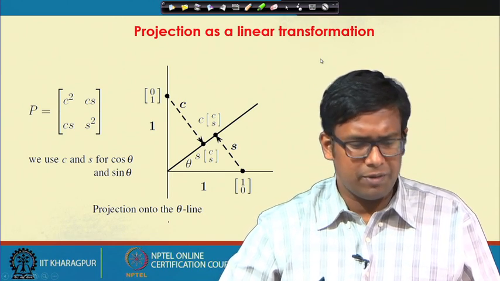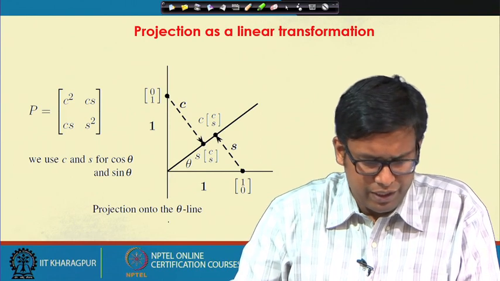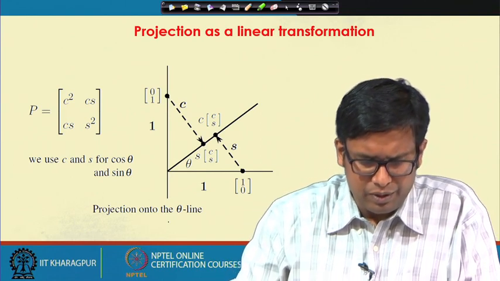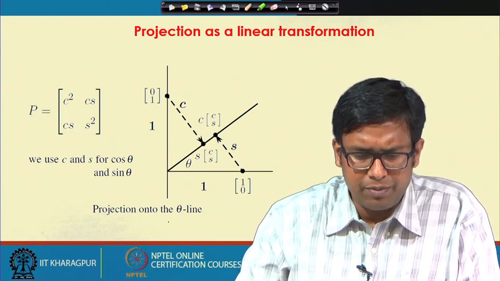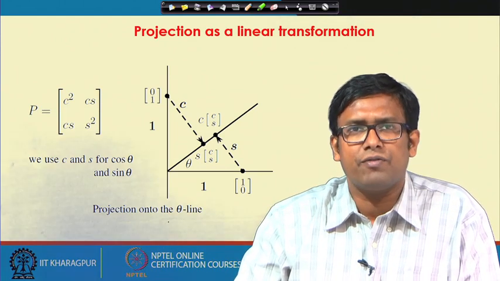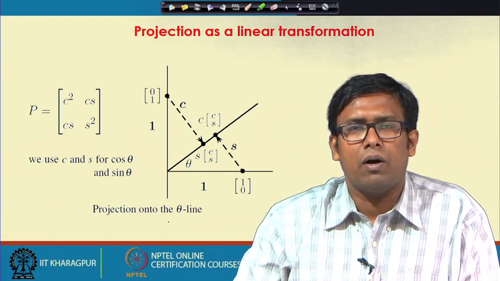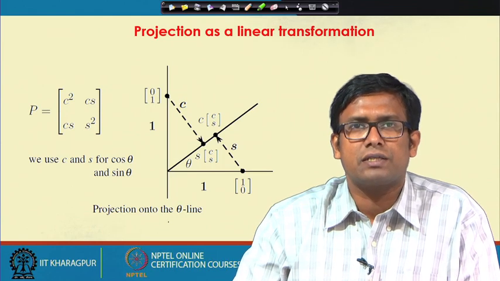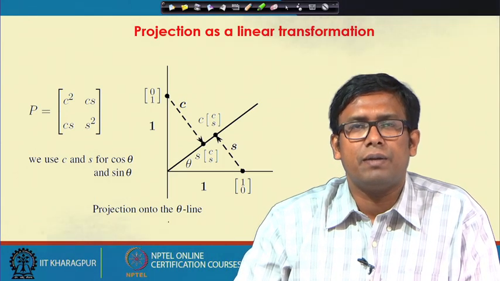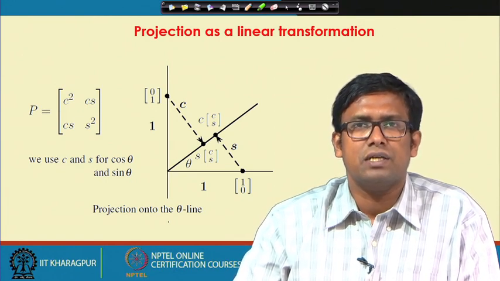We are very much interested in the projection operation. So, we see what a projection operation is. If I think of projecting a vector onto another line which makes angle theta with the x axis, it is basically multiplying it by the projection operator c square, c s, c s, c square, where c is cos theta and s is sin theta.